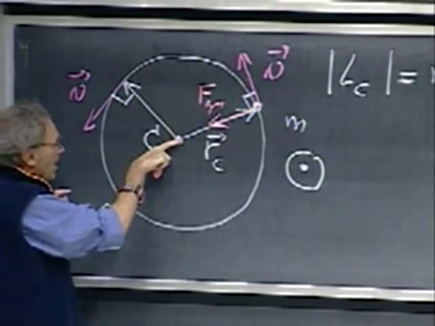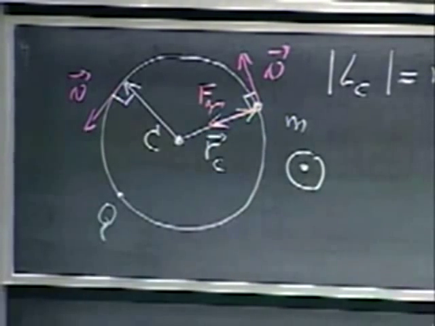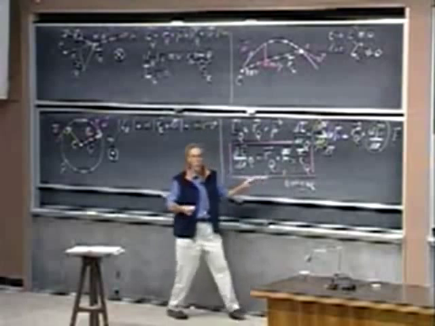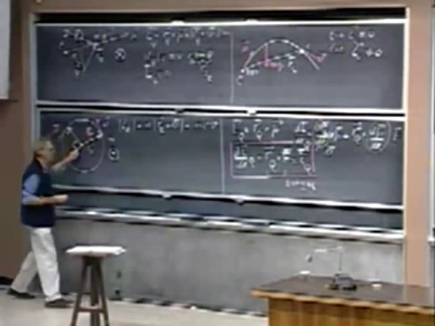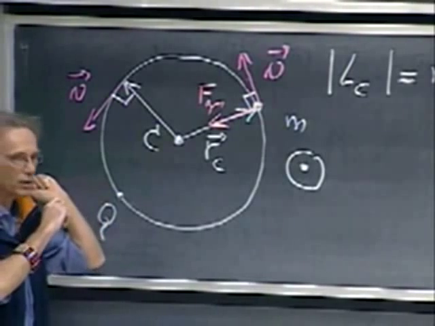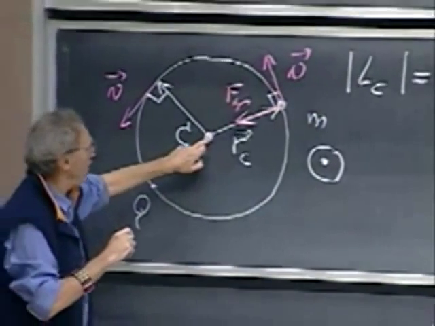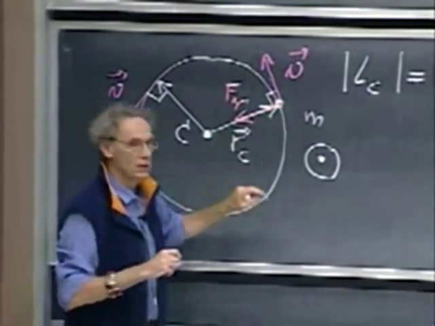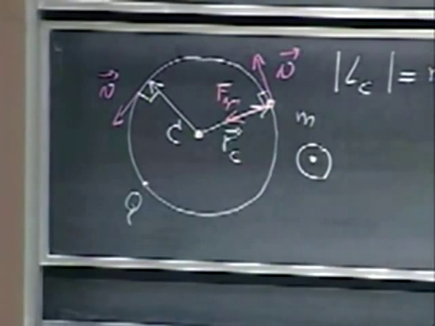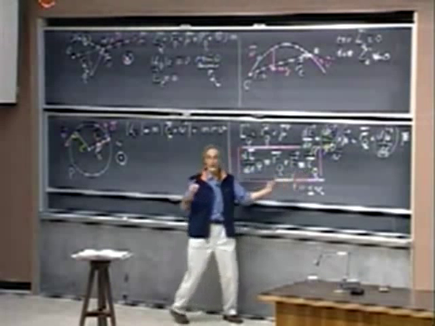The position vector is in this direction. So r cross F is 0. There is no torque relative to this point C, because the angle between the two vectors is 180 degrees, and so the sine of the angle is 0. Therefore, no matter where you are on the circle, always r cross F will be 0. There is no torque relative to point C.